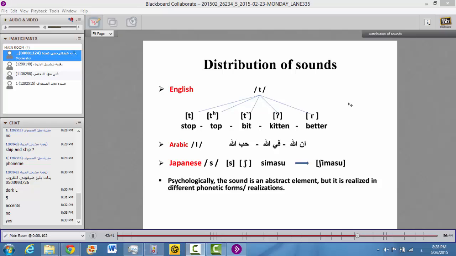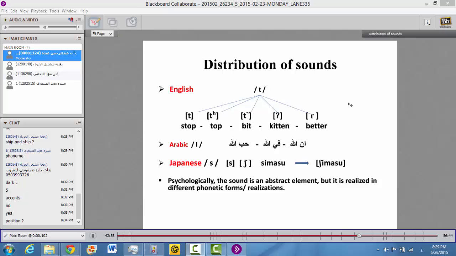Why do we have Inna Allah, fillahi, hubbullahi? Why do we have a soft la and a dark la here? What about its position?